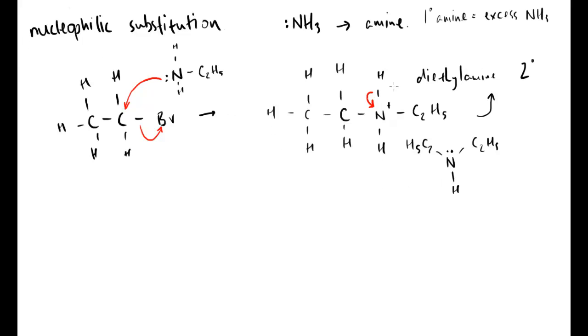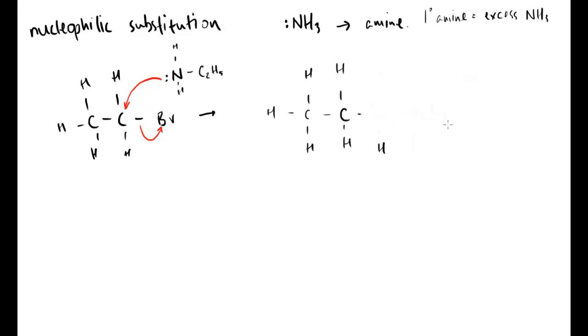You hopefully can see where this is going to end up going, so I'll rub this out and look at it again and see where we can go to now. We had diethylamine, so I could have actually kept that other bit. There we go. Exactly the same.